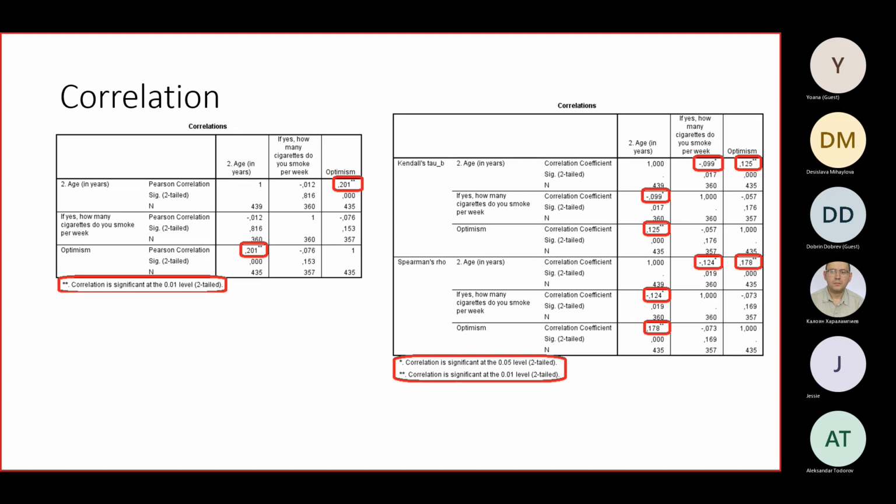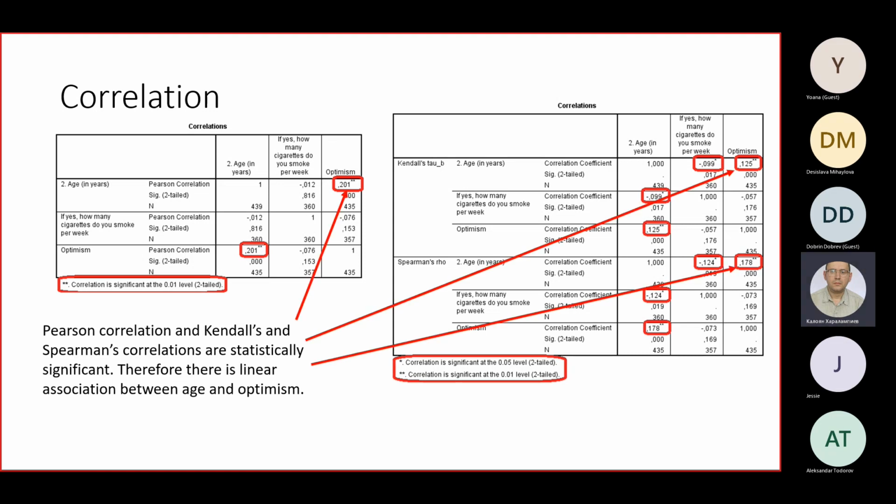But when we compute Kendall and Spearman coefficients, then the picture is different. First, about the relation between age and optimism, you can see that all three coefficients are statistically significant. That means that this relation is linear.